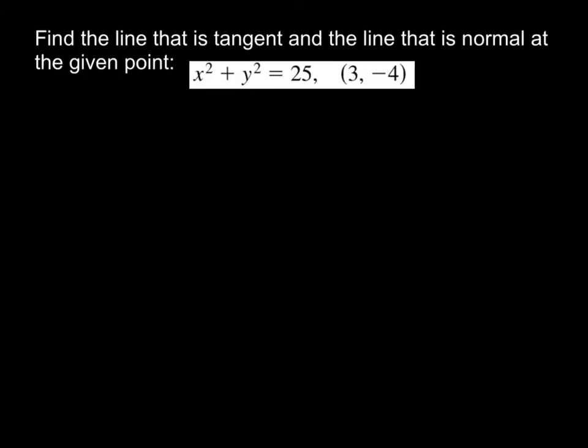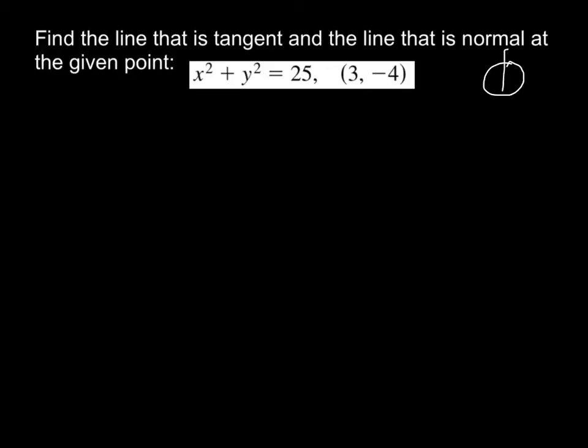So let's get a little bit more specific and talk about what is the line that is tangent to x squared plus y squared equals 25, so the circle with a radius of 5, at the point 3, negative 4. So let's take a look. Let's just draw that really quick so we can see what we're talking about.